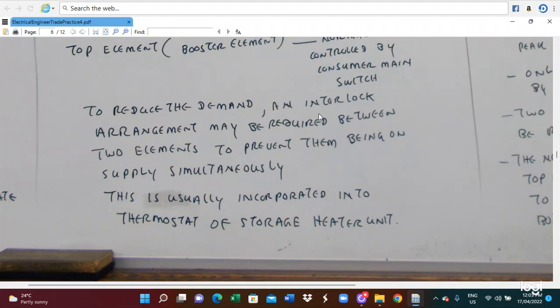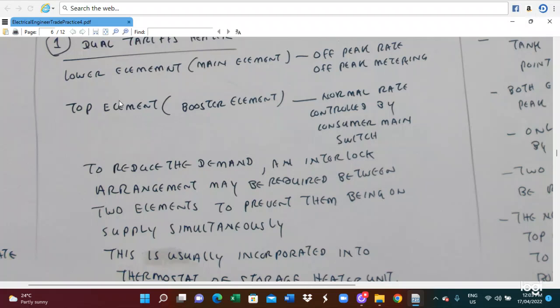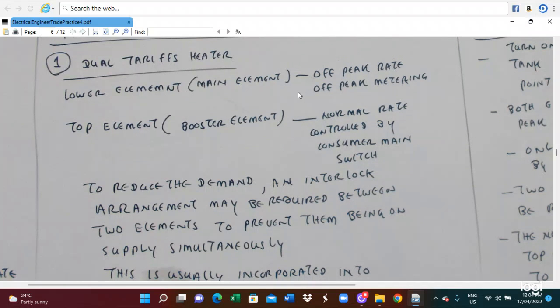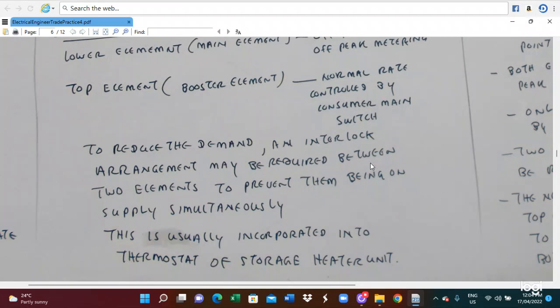To reduce the demand, interlock arrangements may be required between the two elements to prevent them being on the supply simultaneously. We have to utilize the appropriate interlock devices, because the lower element is subject to the off-peak rate and off-peak meter rate, while the top booster element is on the normal rate controlled by the consumer main supply.